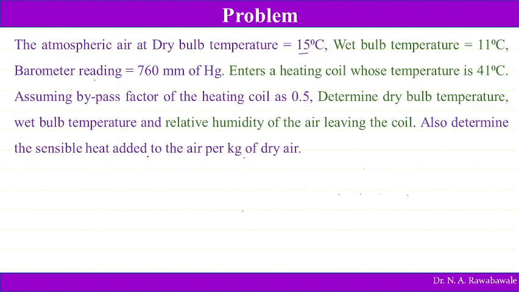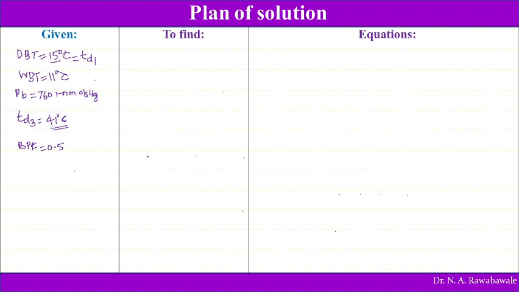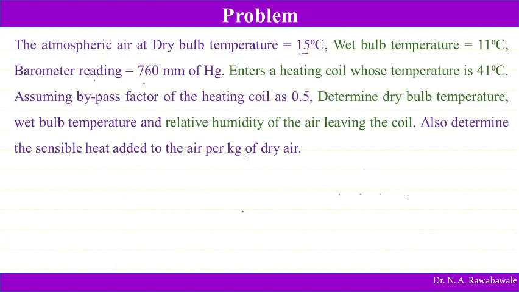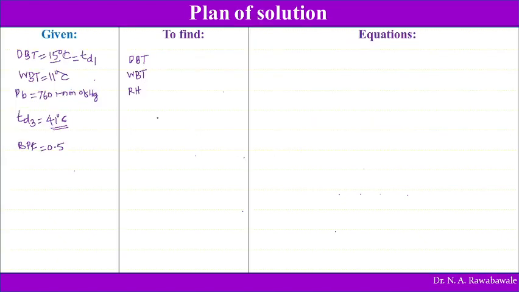So now what he is asking us to find is DBT, WBT, relative humidity of air leaving the coil, and to determine the sensible heat added, that is H2 minus H1, is also asked.